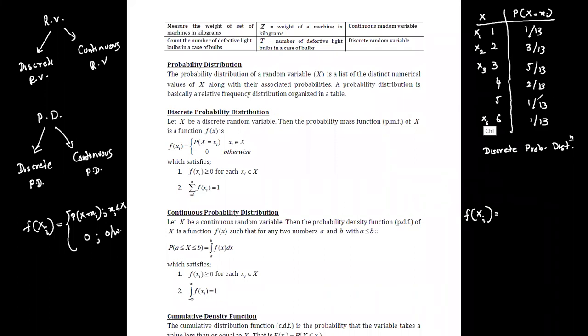If you use a general form of denoting these values, this can be considered as xi. Then according to this definition, we can obtain the probability mass function for this experiment, which is the probability that x equals xi, where xi belongs to set x, and 0 otherwise.